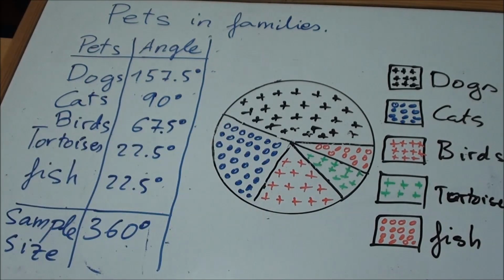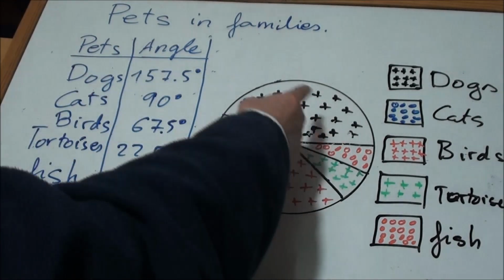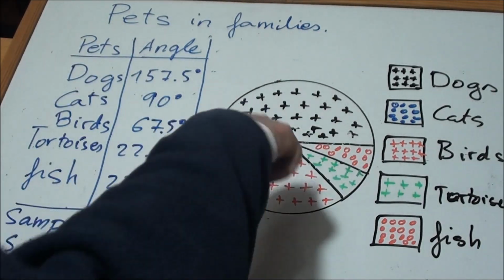So this is a pie chart. This is how we do a pie chart, with the angles, and we measure the angles and we do the circle.